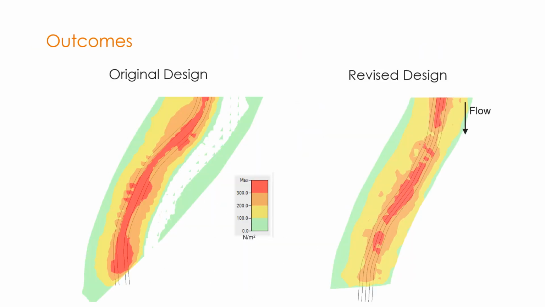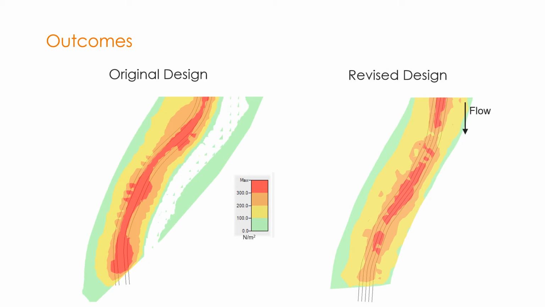Here again, we have the shear stress diagram showing a significant difference in the output based on our revisions. The original design has a wider range of coverage for the red and orange areas, which are shear stresses that we prefer not to have on our floodplain.